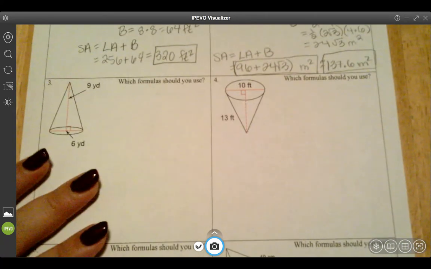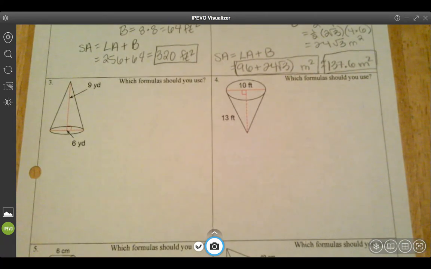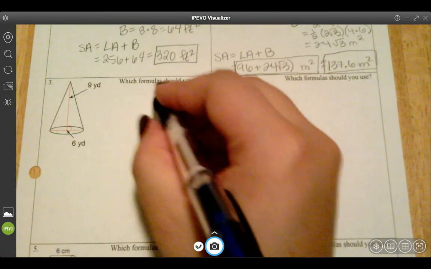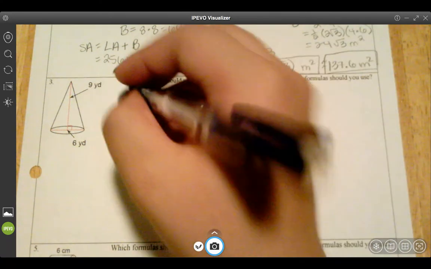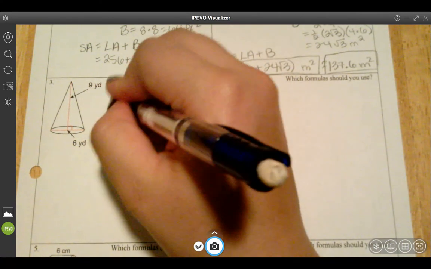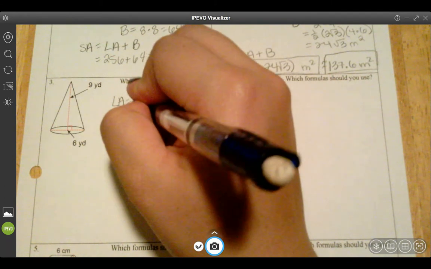In our next example, we're looking at a cone. I'd like you to try this. We've seen a couple examples so far. One of them was a cone. So for this one, what formula do we use? Well, really, it's the same formula as we use for a pyramid. Lateral area equals 1/2 PL.